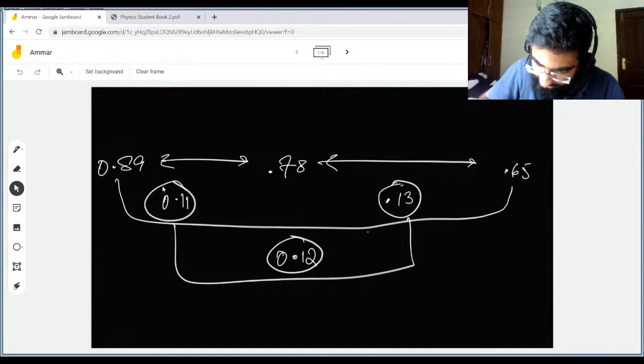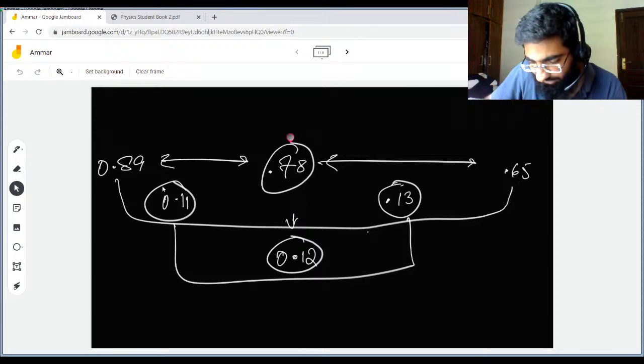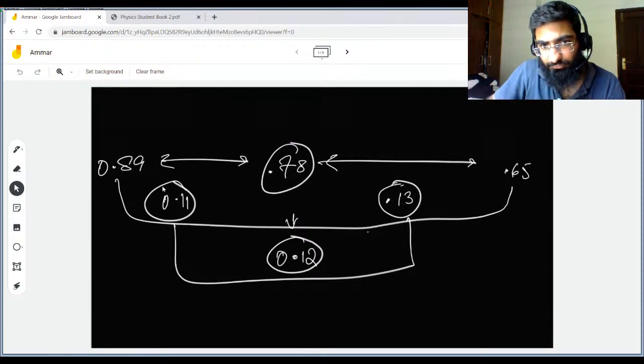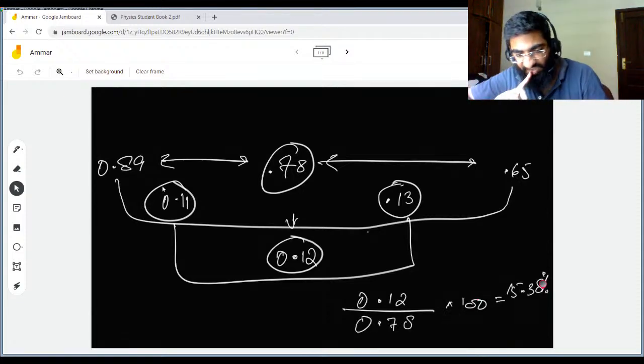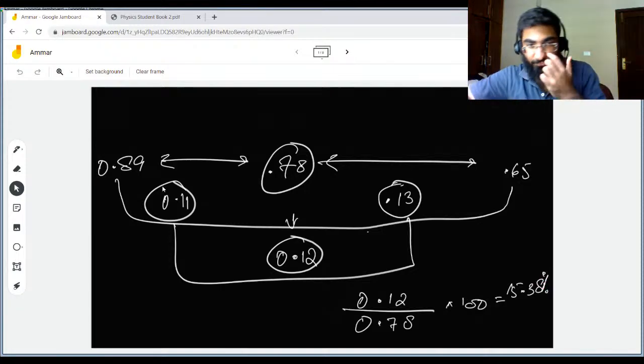Now this is the average deviation from the mean on either side. So 0.12 as average deviation as a percentage of the reading, you get 15.38%.